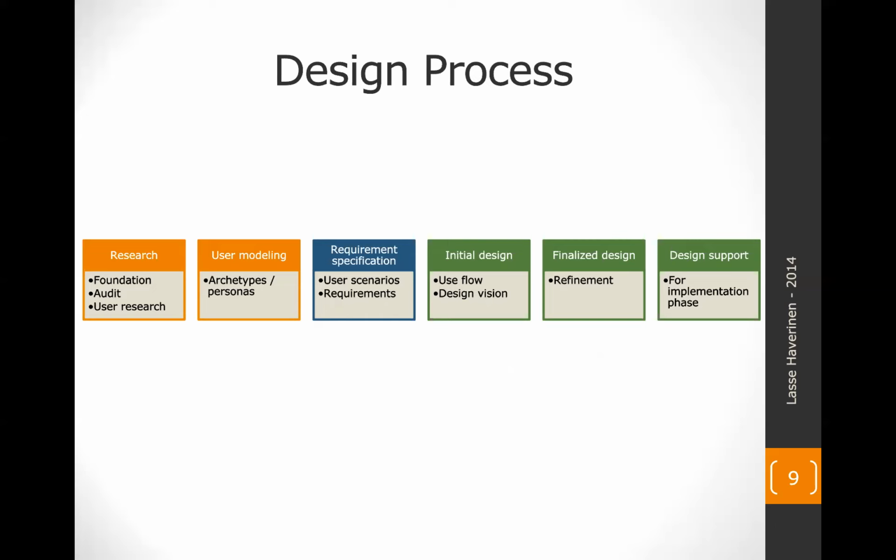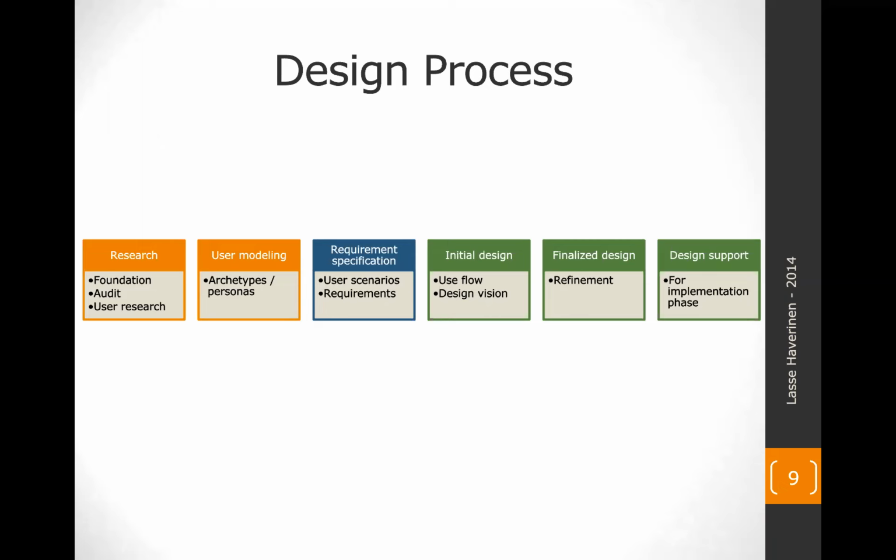And now how the design process of an application goes is that it is split into different phases. Here is one example of that. It is by no means the only possible one, but just one possibility.